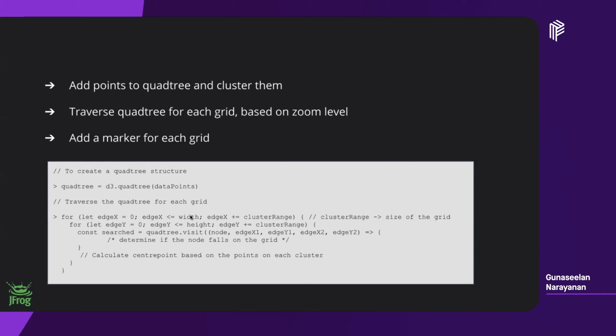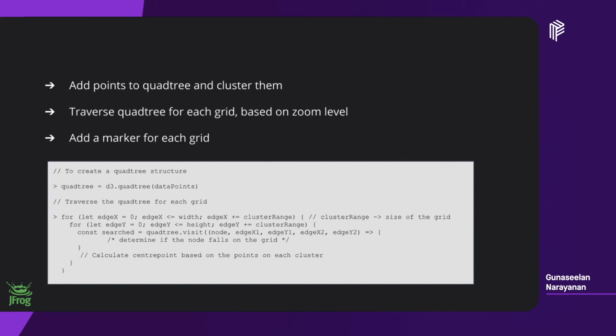Width and height are the plane size, the SVG that is available, and they are calculated automatically. Whenever a point is lying inside, quadtree.visit will tell you if a point is lying inside the square. You just have to pass the details you get. Whenever one or more points are inside a particular square, you can calculate the middle point.